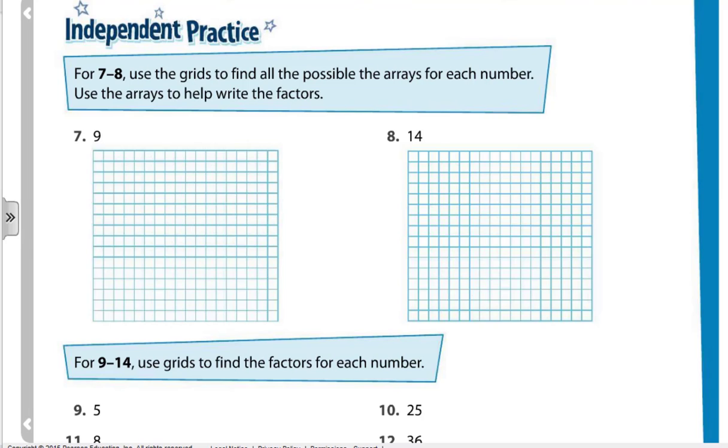And now it's time to solve question number 7. The question asks us to use this grid to find all possible arrays for the number 9. And we will use these arrays to write the factors of 9.